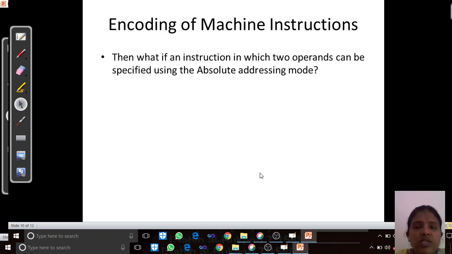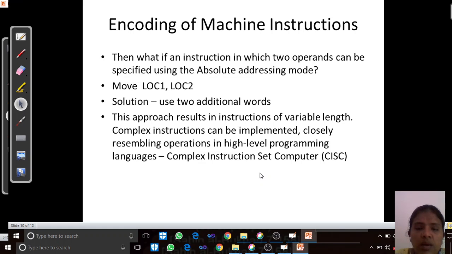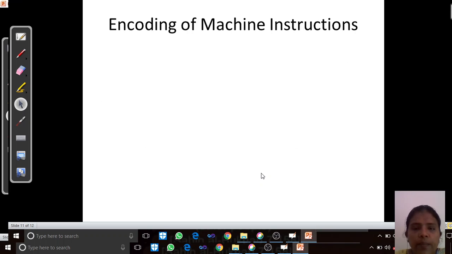Then what if an instruction has two operands specified using absolute addressing mode? Solution: use two additional words. This approach results in instructions of variable length. So complex instructions can be implemented, closely resembling the operations in high-level programming languages, in CISC, complex instruction set computers.